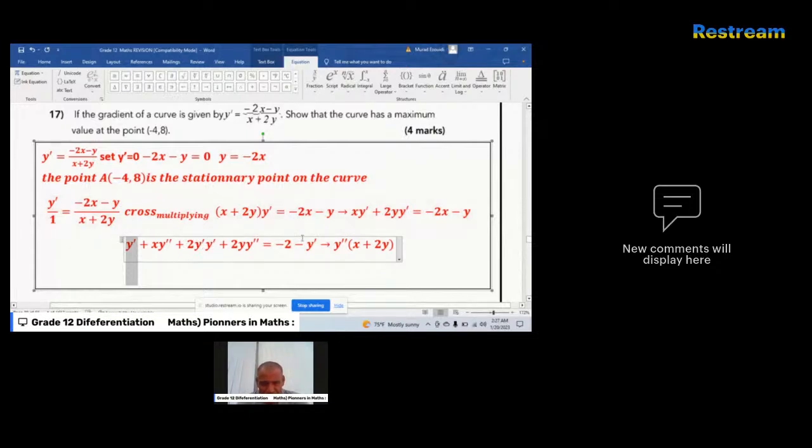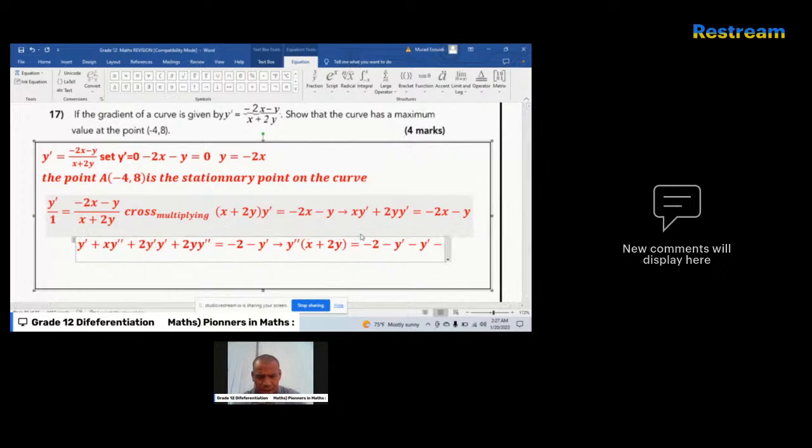I should transfer on the right hand side. It will come like that: minus 2 minus y dash. Then, with all this y dash, I should transfer on the right hand side, it will be minus y dash. Then minus 2y dash multiplied by y dash, I will transfer on the right hand side.